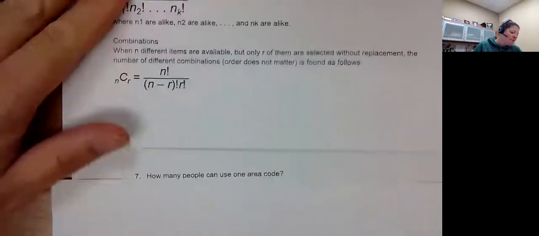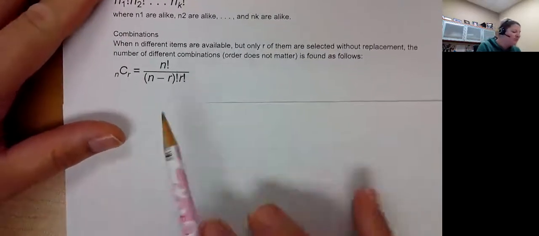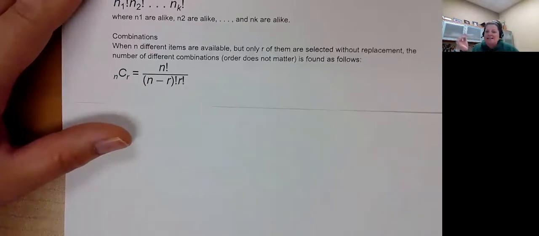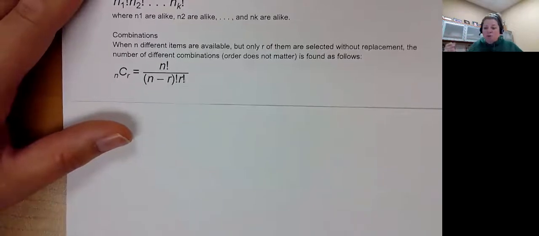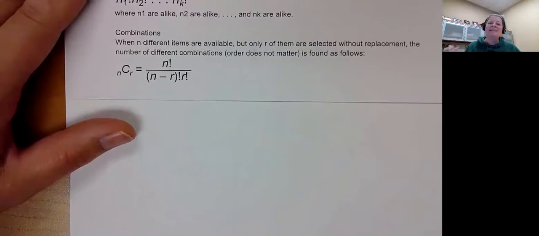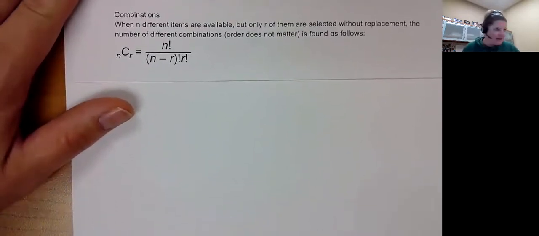The next one would be basically the same idea, but order doesn't matter. So notice the formula has an extra r factorial on it. Basically, it's going to take off an extra choose factorial because there aren't as many ways. So if order doesn't matter, there are not as many ways to come in.